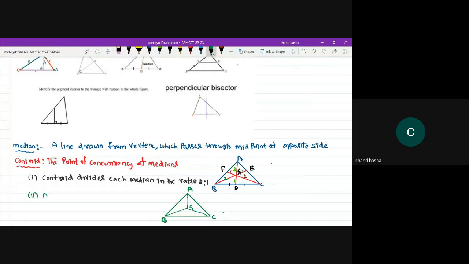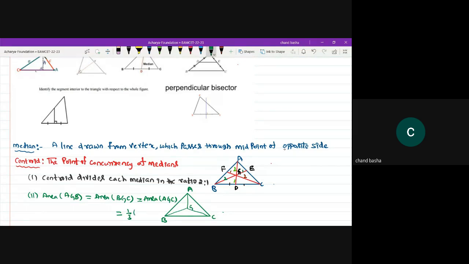then the area of AGB is equal to the area of BGC is equal to the area of AGC, which is equal to 1/3 of the area of triangle ABC, because it is dividing the total area into 3 equal parts.